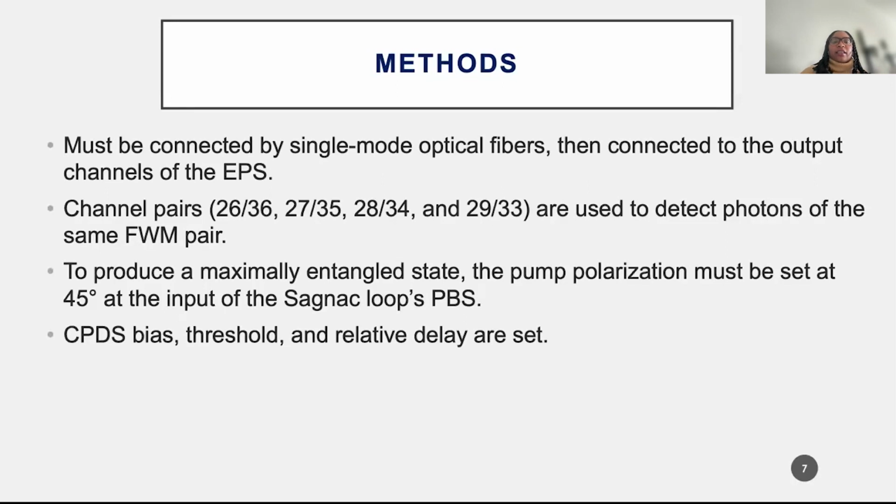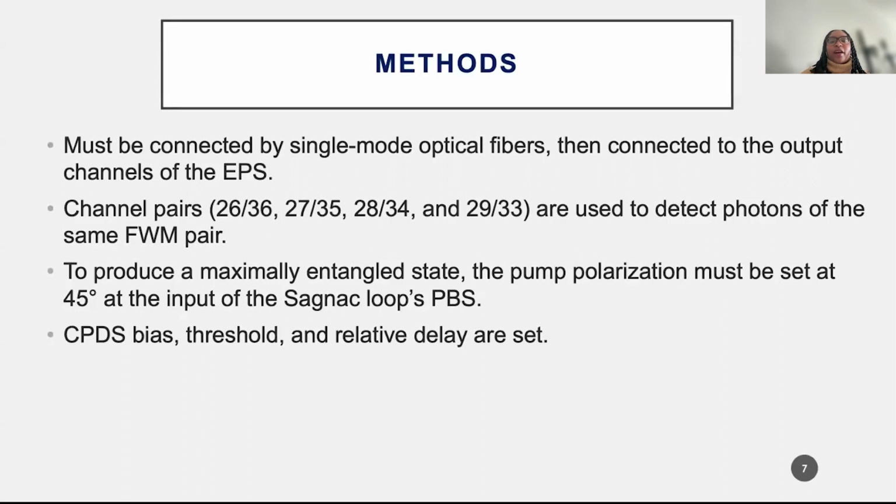So when setting the detectors, for example, we have to set a relative delay so that we can synchronize the arrival of the photons. This ensures that both photons from the same pair are arriving at the same time. This is very important. This also allows us to measure the coincidence between channels 1 and 2 at the same time, which I'll touch on in more detail a little bit later.